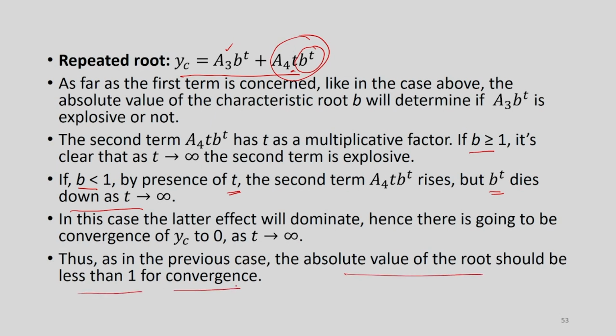Previous case means the case where we talked about distinct and real roots. So, there we saw that it is the absolute value of the dominant root that determined the characteristic of the time path. Here also the same thing is being concluded.